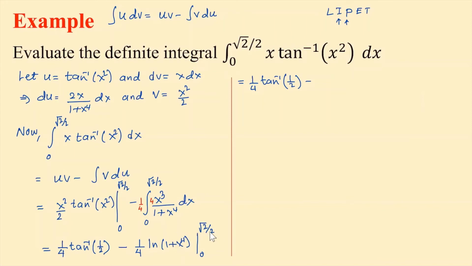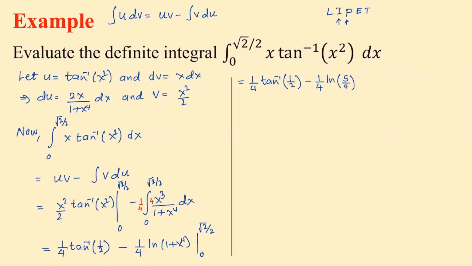If we plug in the upper limit, there is a minus, then 1/4 of the natural log of square root of 2 over 2 raised to the 4th power. Square root of 2 over 2 raised to the 4th power is 1/4. 1/4 plus 1 is 5/4. We subtract and plug in 0.